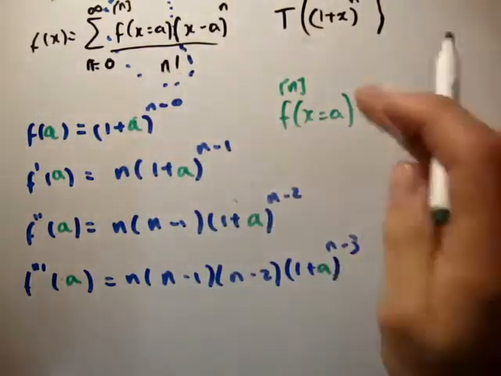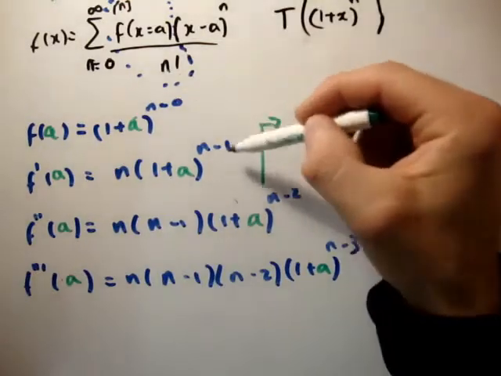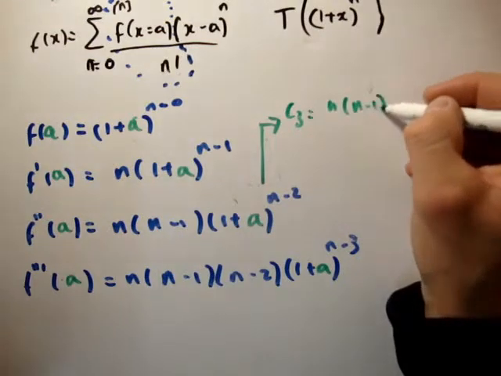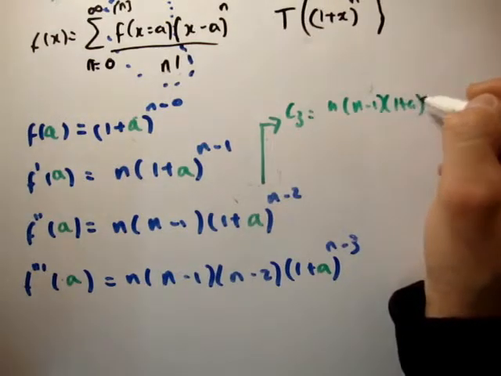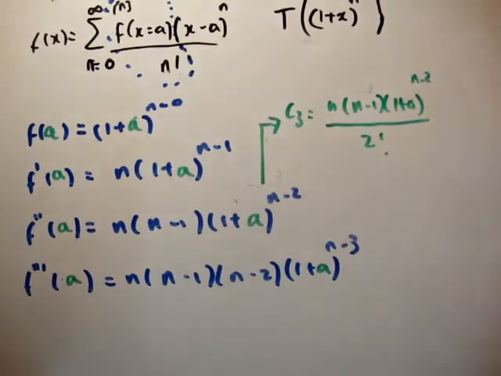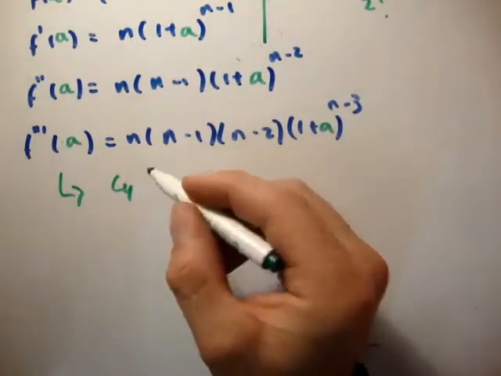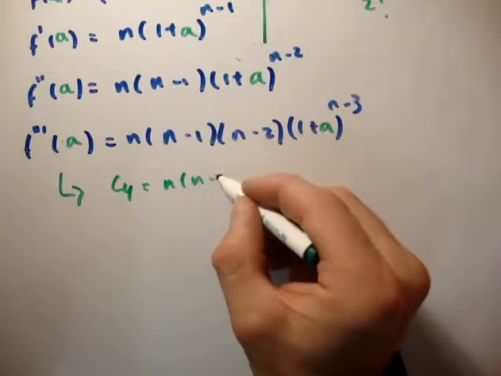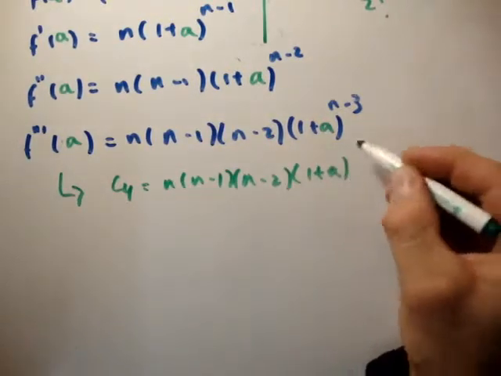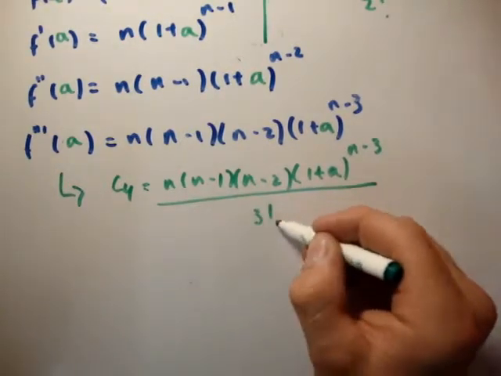That means that, let's say we take this particular coefficient here, so it's 0, 1, 2, the third coefficient, c sub 3, is going to be equal to n(n - 1)(1 + a)^(n-2) divided by 2 factorial. Pretty straightforward. Or in this case, this would be the fourth coefficient, so it's going to be n(n - 1)(n - 2)(1 + a)^(n-3) divided by 3 factorial.